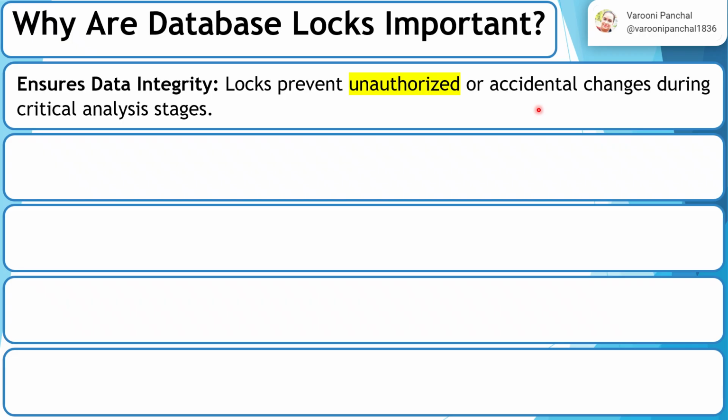Say for example, there could be so many teams working in that specific database, right? So if somebody who has the authority or access to that database, they might make accidental changes. Once the subject's patient data is entered in the database, it is cleaned, everything is proper, the patient has completed the study properly, and the patient has completed the follow-up activities also.